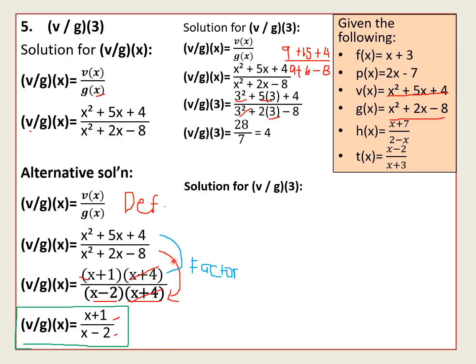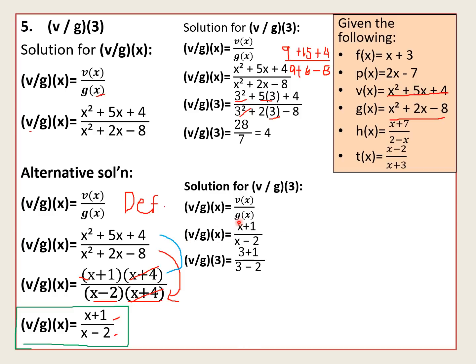Solution for v over g of 3, when x is 3. We will use the new one. So, definition first, then what we got, the simplified one. Let me erase this so we have space. Next step, substitution of x.